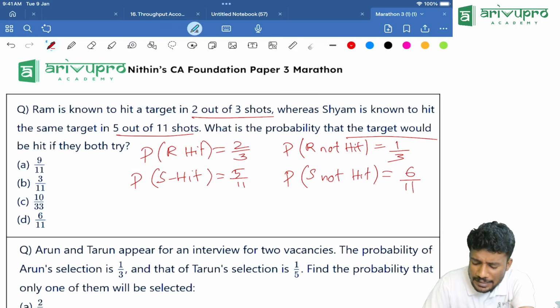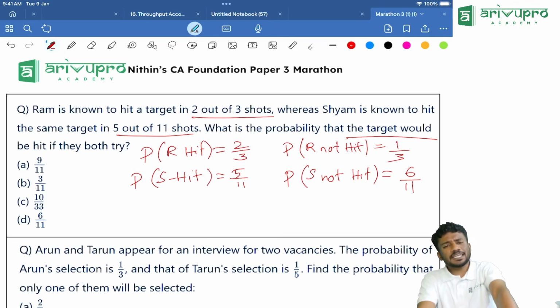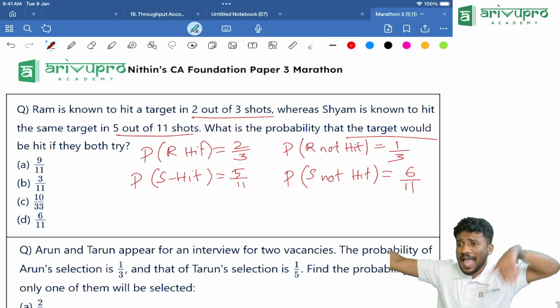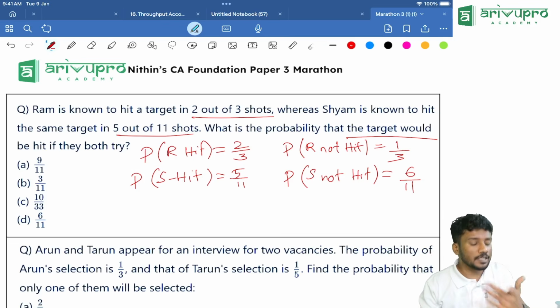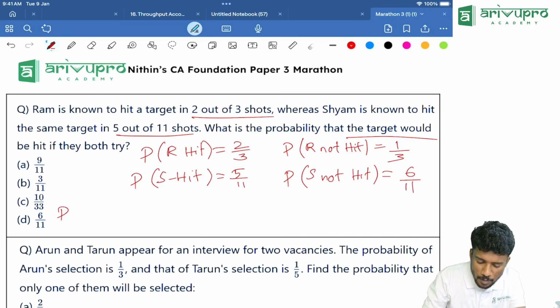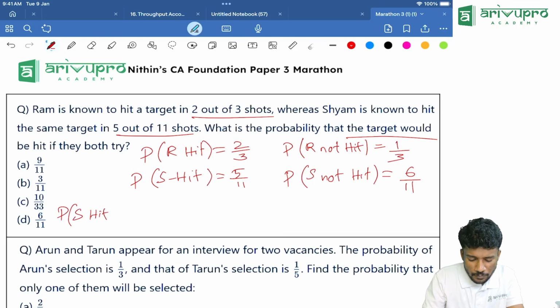The probability that the target would be hit if Ram tries and Sham tries, both of them are trying. Then what is the probability? I'll tell you one by one. First case is Sham is hitting and Ram is not hitting.